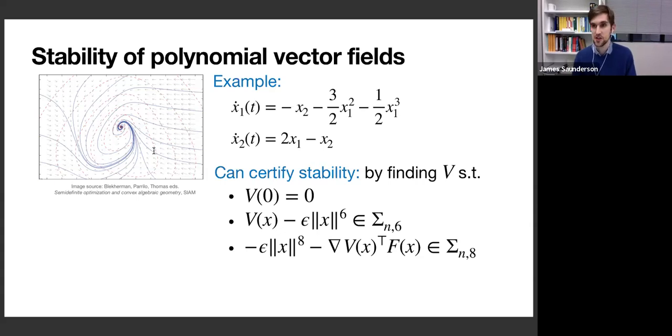But they work in a lot of useful situations, and they're becoming a standard tool to analyze at least low-dimensional nonlinear dynamical systems. That's just to close the loop on how you would actually go about using the tools we've developed to try to certify stability of these nonlinear dynamical systems.